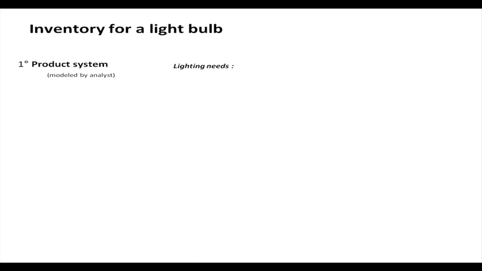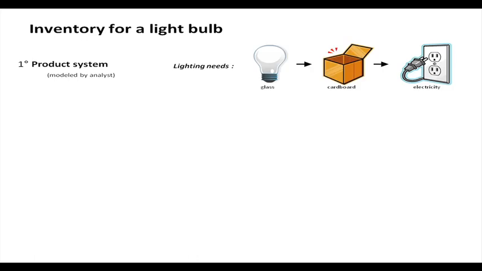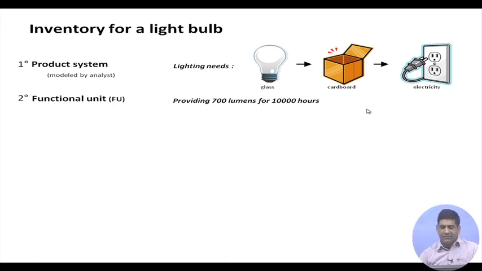Now let's look at the inventory of the light bulb, and how we'll collect this data. In terms of the light bulb, our product system is the lighting need. We have the bulb, which needs to be packaged, and then we have the electricity that we supply. The functional unit is providing 700 lumens for 10,000 hours.